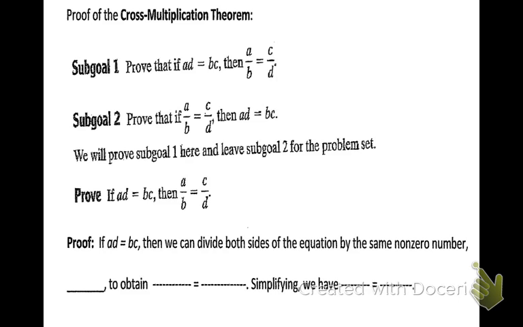Okay, so to prove that if A times D equals B times C, then A over B equals C over D, our proof is that we can divide both sides of the equation by the same non-zero number, BD.